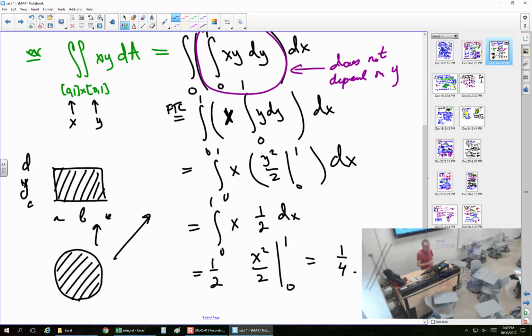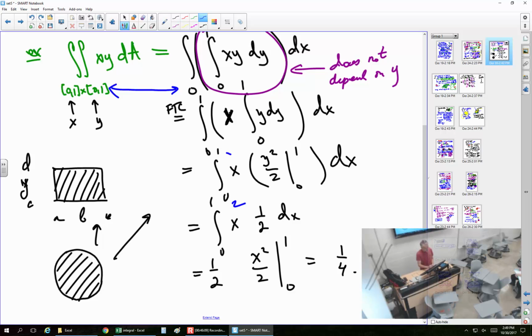Okay, so remember that we went this way from rectangle to the limits, but it works both ways. So if your limits of x and y are constants, that means that your domain of integration is a rectangle. Which means that if your domain is a circle, then you're doing something wrong. If you know your domain is a circle, then clearly you should not be having limits like this, constant numbers.